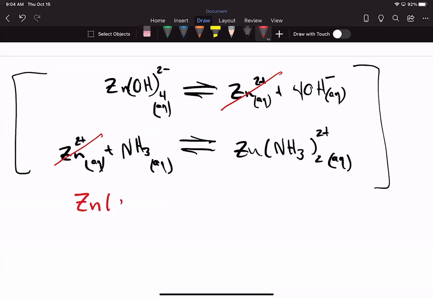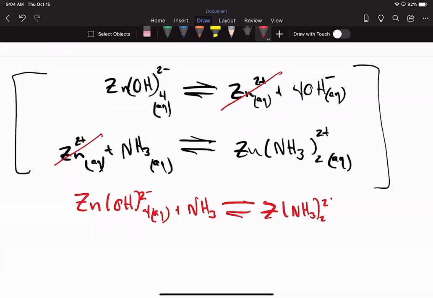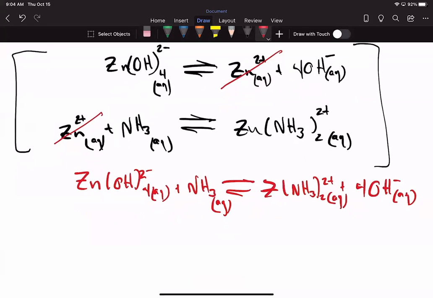My net reaction is this zinc hydroxide plus some ammonia, and we're going to get this net reaction here from that.